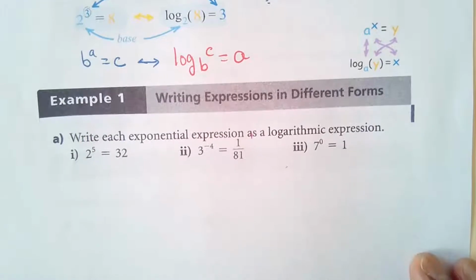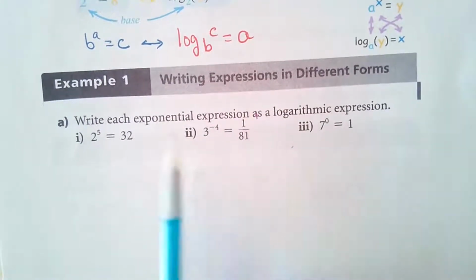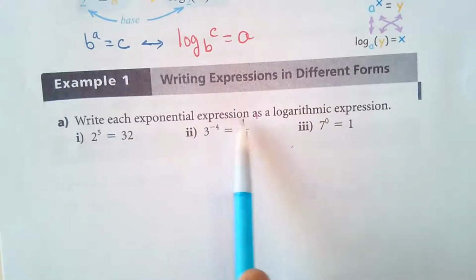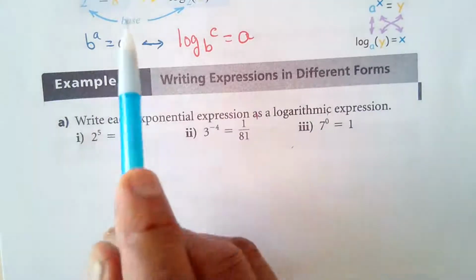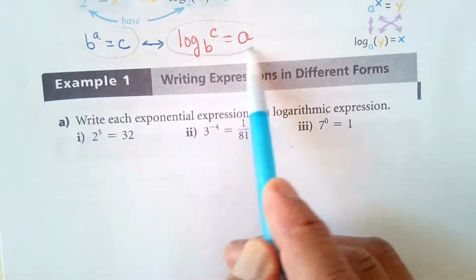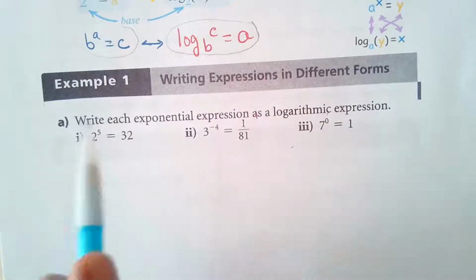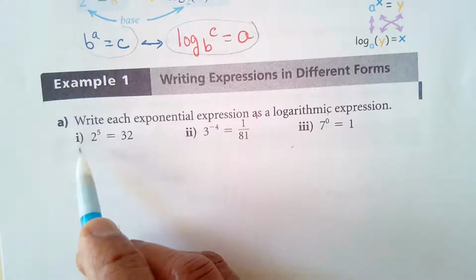Let's look at a few examples here. Write expression in different forms. We are asked to write each exponential expression as a log expression. So we're given an exponential, and we need to change it into the form of a log. Notice here the base is 2.